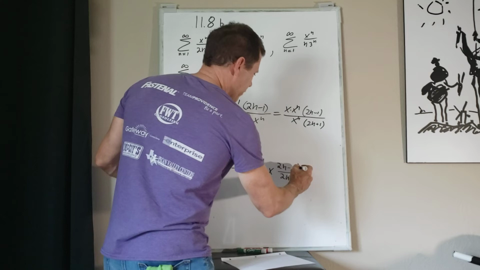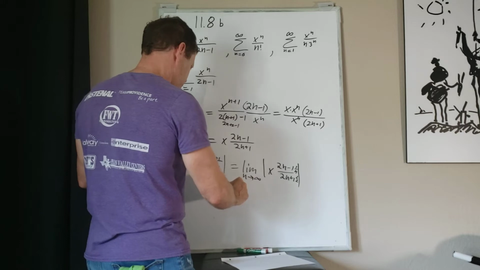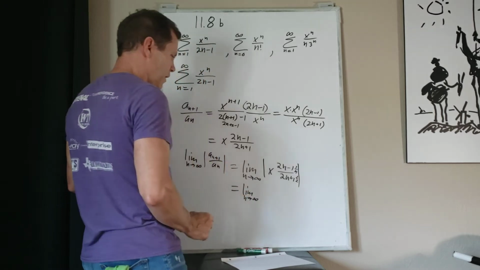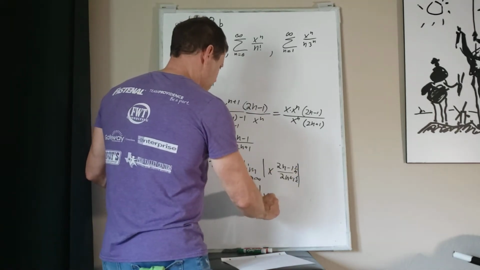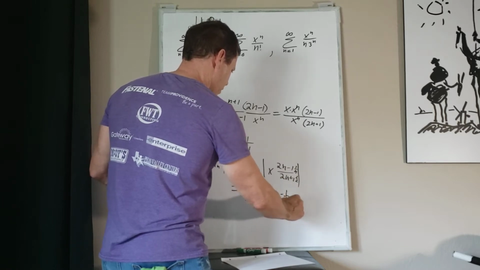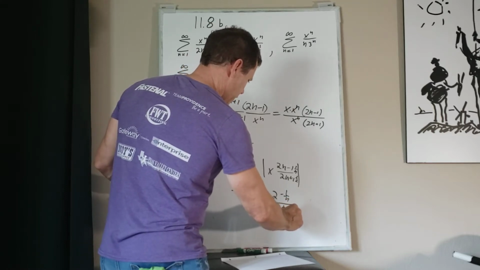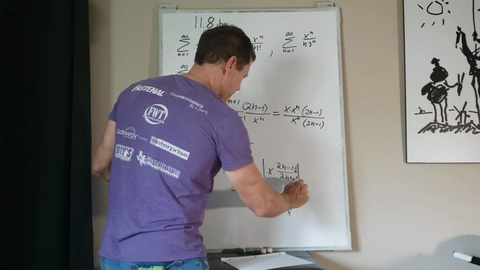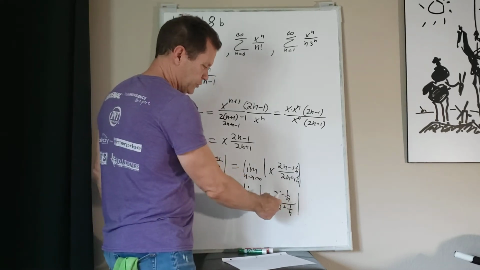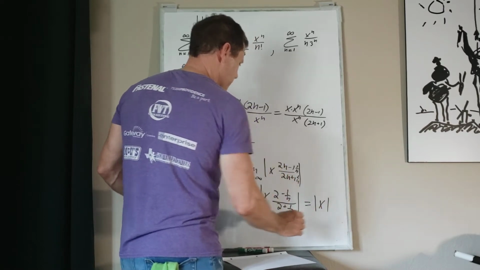Now you can multiply top and bottom here by 1 over n, and this will equal the limit as n goes to infinity of the absolute value of x times (2 minus 1 over n) over (2 plus 1 over n). Now, as n goes to infinity, that guy's going to go to 0, that guy's going to go to 0, and I'm just going to end up having 2 over 2, so this whole thing just ends up equaling the absolute value of x.